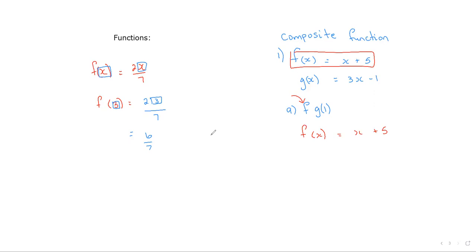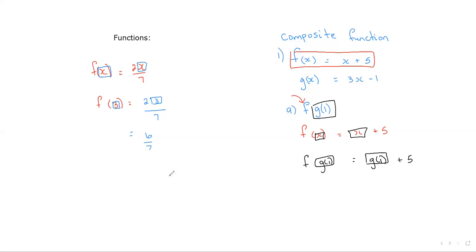It's like you're replacing all of the x's with a box. What is in that box? In that box is g of 1. So everywhere you had x, you want to put what is g of 1.